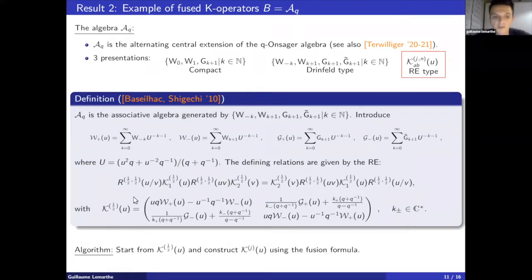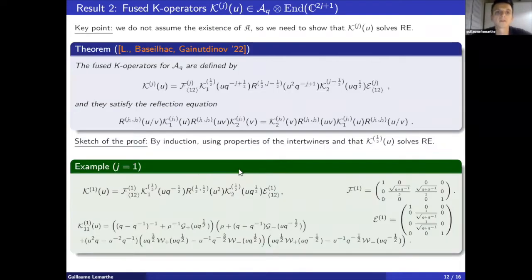Okay, so now our goal is to obtain some higher spin K operators, that is K operators of this form, but for instance, a 3×3 matrix. So to do so, now I recall that we do not assume the existence of K, and we define our fused K operators as follows. So here, you have in some way the same structure, which is F, K, R, K, E, where F and E are the intertwiners given 2 slides ago.